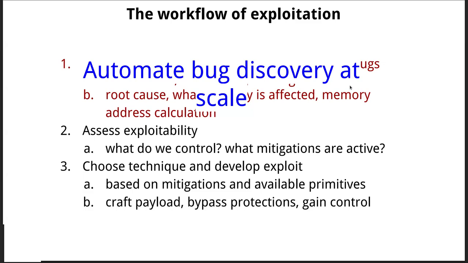There are many different approaches. There are static approaches, and there are also dynamic approaches. Today we are mainly talking about the first step: how to automatically discover these bugs at scale using a dynamic analysis approach.